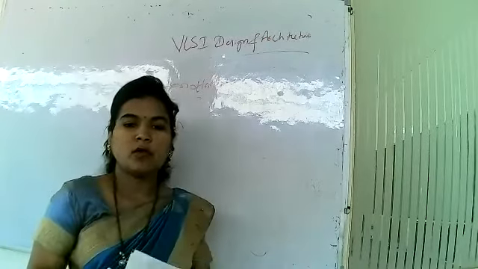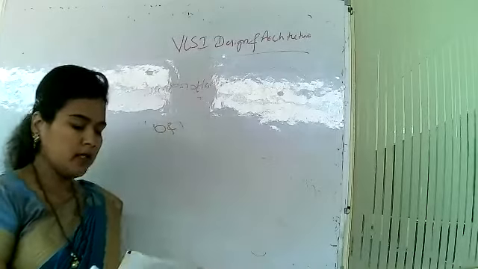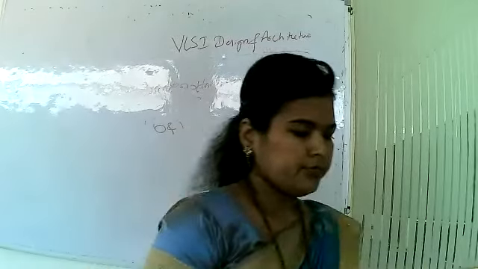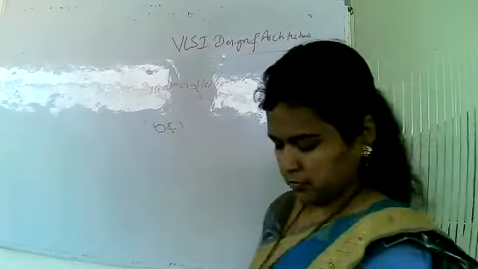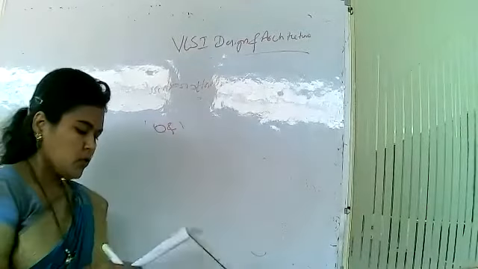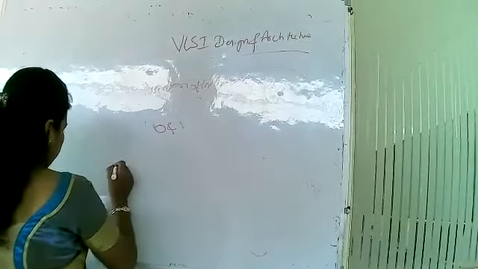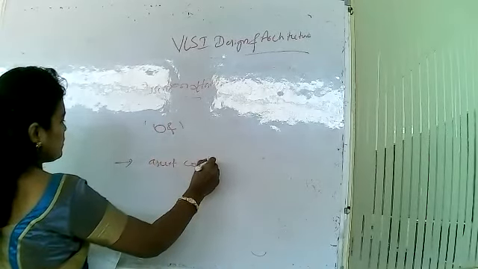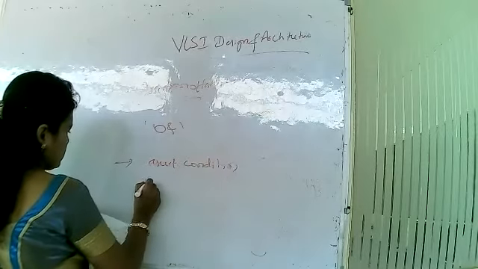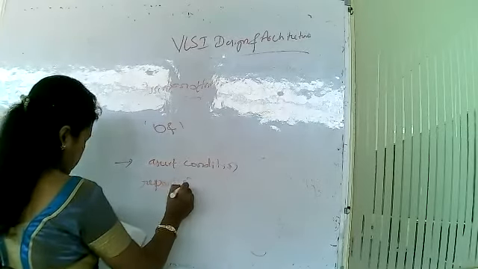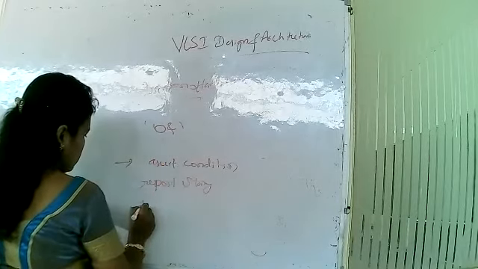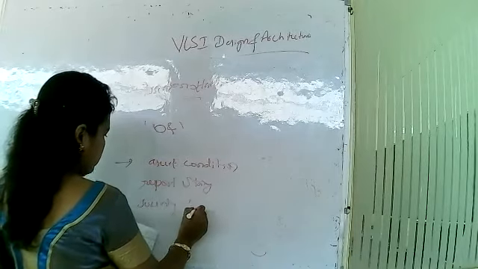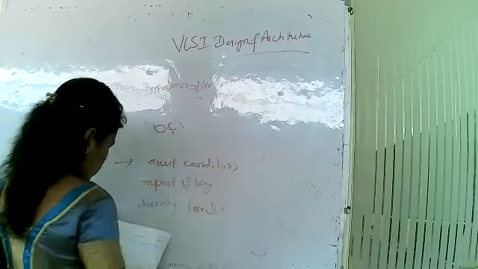Assertion means it will come in binary values, 0 and 1. So the syntax for this is: assert condition, report string, severity level.